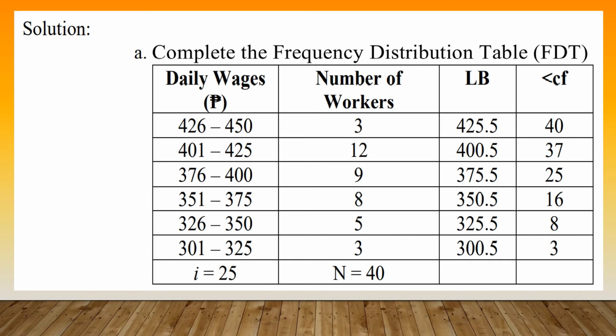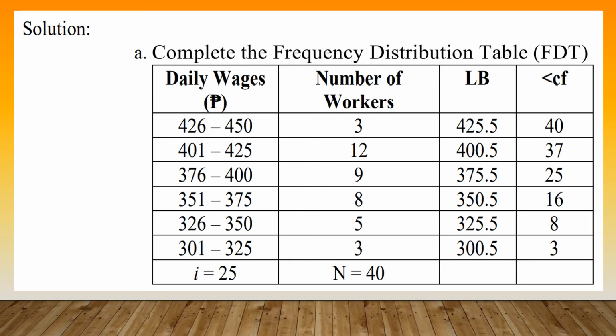We have the daily wages in pesos, number of workers, lower boundary, and cumulative frequency less than. Just copy the daily wages given and the number of workers. To find the interval, 301 to 325, the interval is 25. To find n, just add the number of workers.